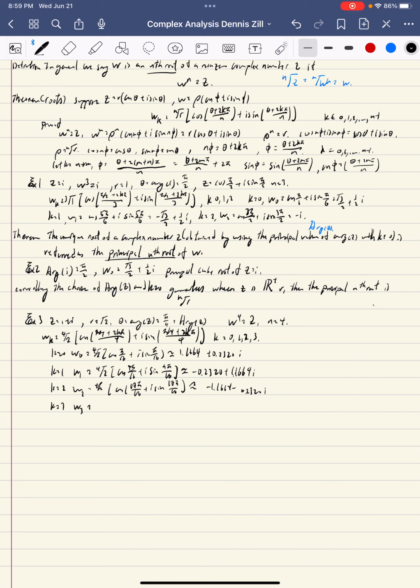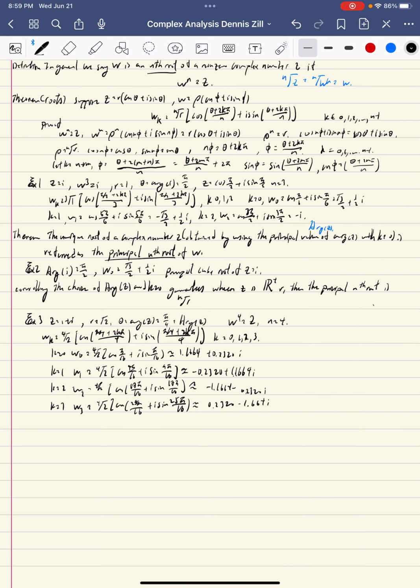This is equal to 4 root 2 cosine of 25 pi over 16 plus i sine of 25 pi over 16. That is about, well, really that's 2.2320 minus 1.664 i. Really, I think we have discovered a pattern now.